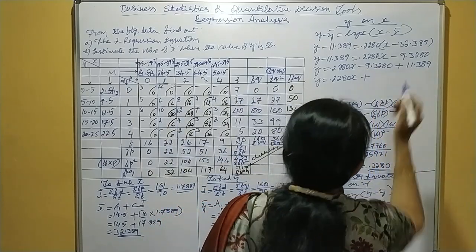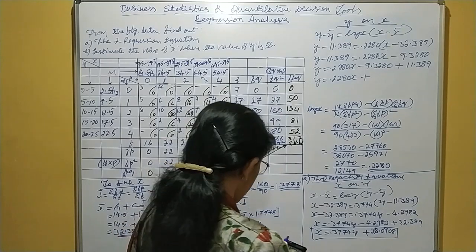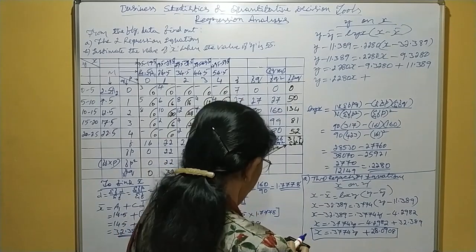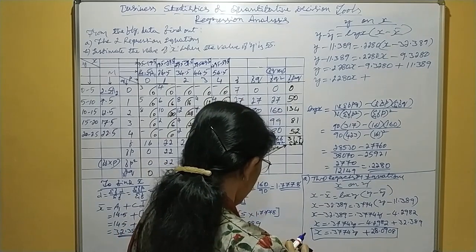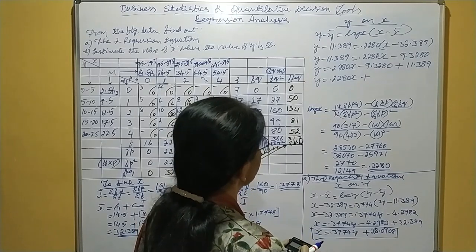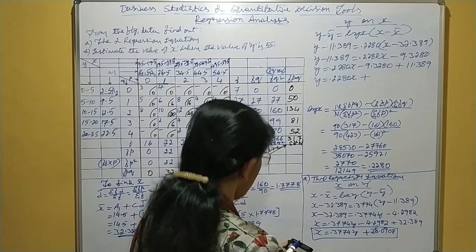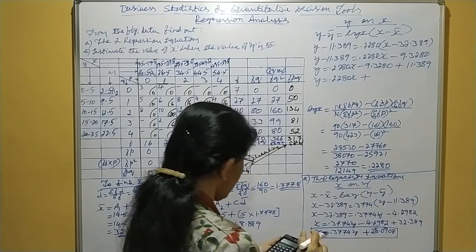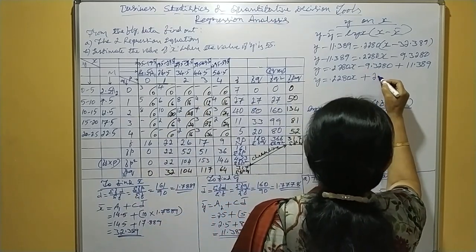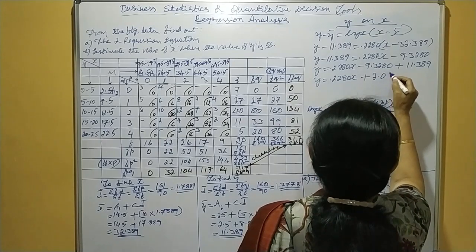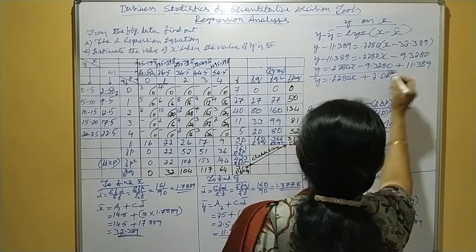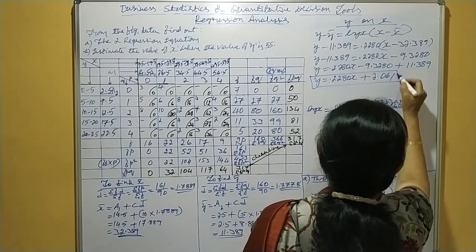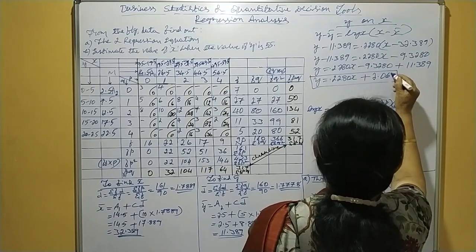The highest value's sign is plus. 11.389 minus 9.328 is 2.061. This is the regression equation of y on x.